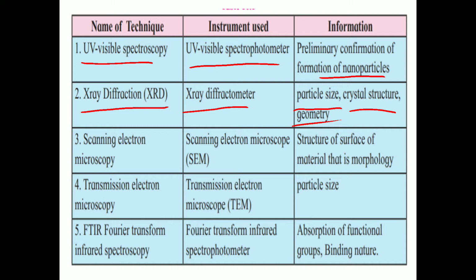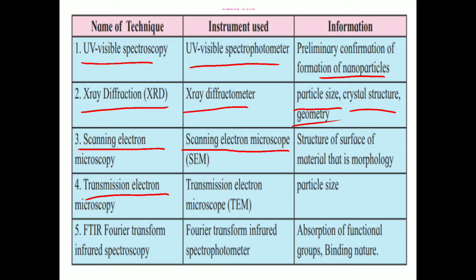The third technique is scanning electron microscopy. For this we use the scanning electron microscope. From this we get information about the structure of the surface of the material, that is their morphology. Next is transmission electron microscopy, that is TEM.